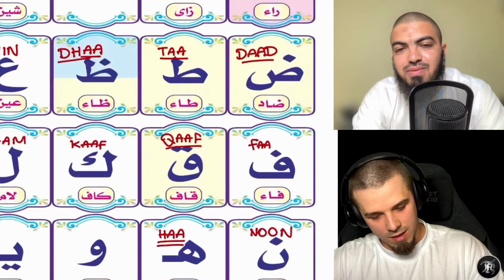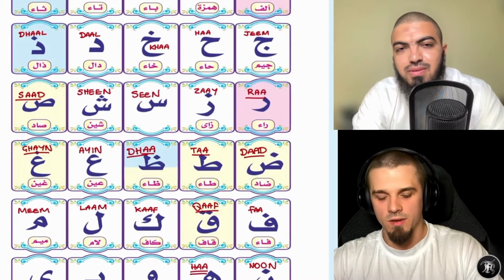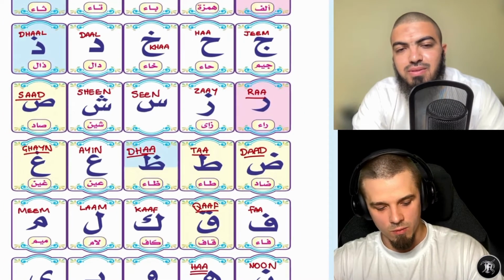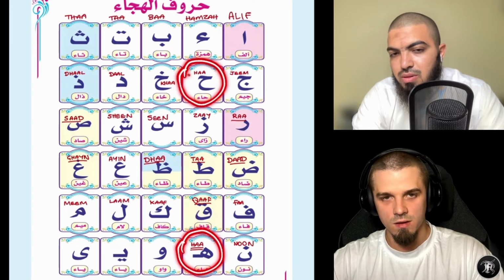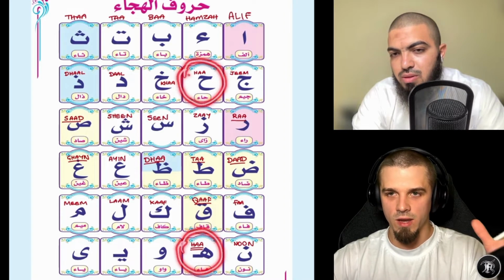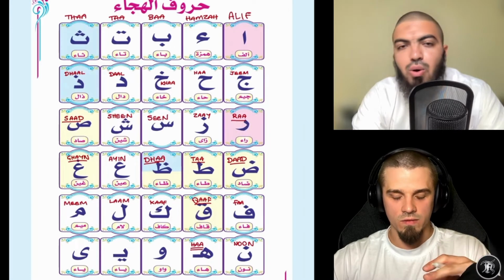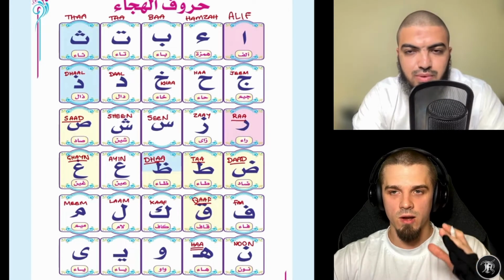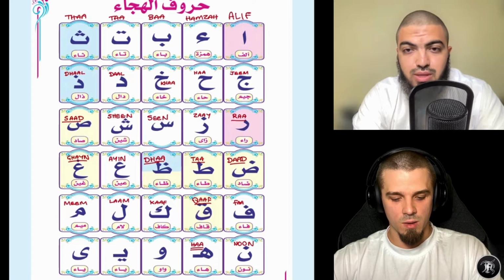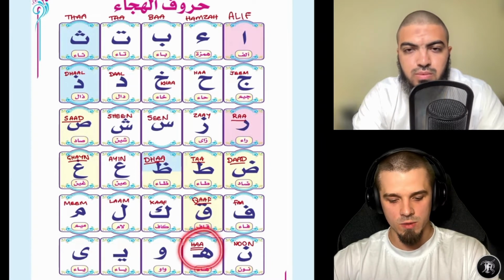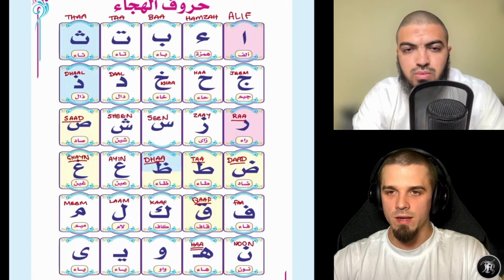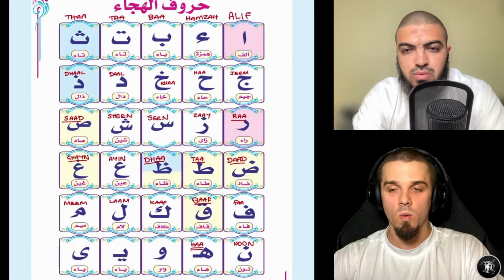I want to highlight this one because by now, if you've come this far, you probably will have noticed we've spelled this letter and this letter in exactly the same way, H-A-A. However, there is a difference in how they are pronounced. It's quite a difficult thing to describe, so we are going to go into more depth in the future of how to differentiate between these 2 sounds, give you many examples and try to describe where the sound comes from.